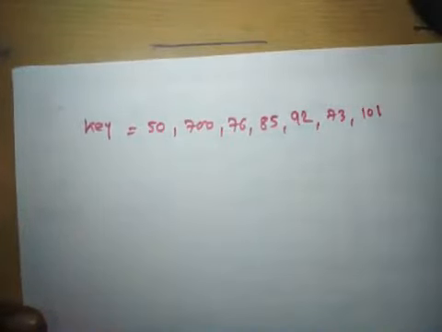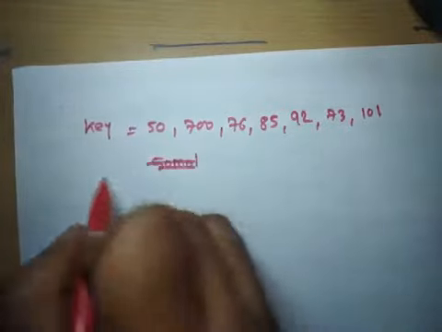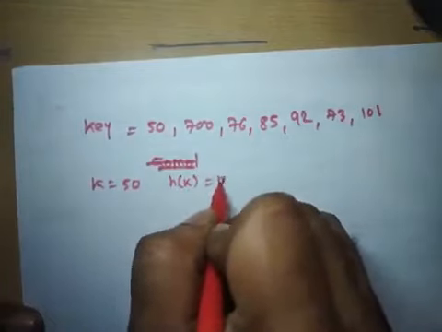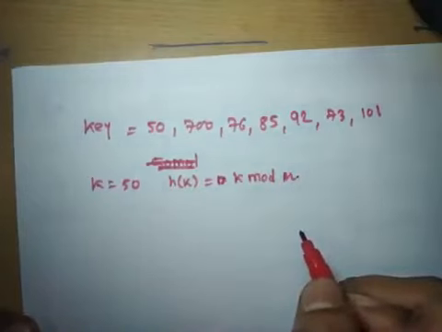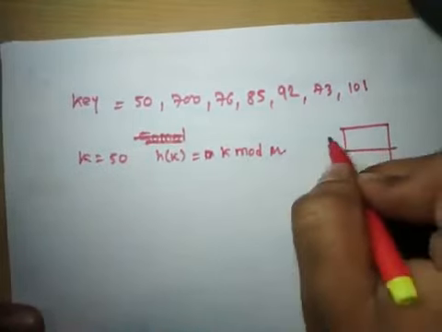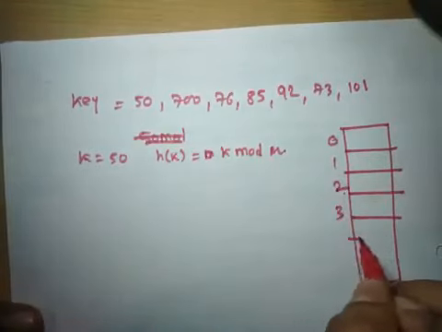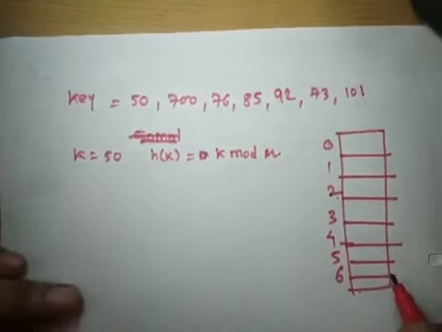Again we are going to use the same division function, h of k equals key mod m. Let's assume our table size is 7, so indexes 0, 1, 2, 3, 4, 5, 6.